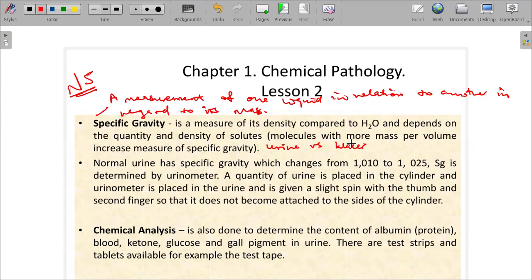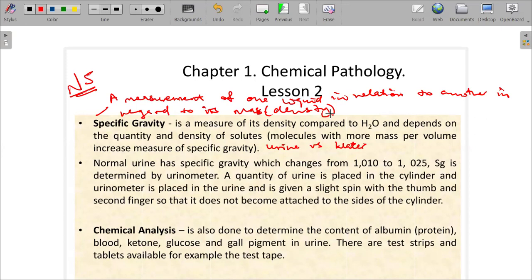When these two are mixed together, specific gravity can measure the weight or the density of one liquid in comparison to another. So the quantities of solids found in each of the different liquids define the mass or the density.